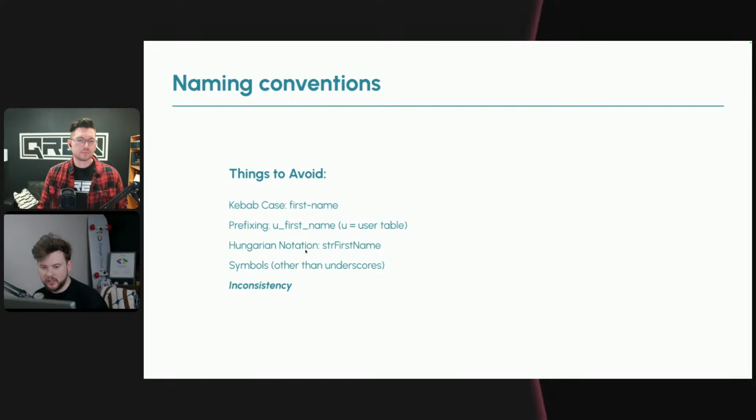There's also a thing called Hungarian notation. In a lot of programming languages, variables require a specific data type, and you can't change that. And it was standard practice previously to add the data type into the variable name.